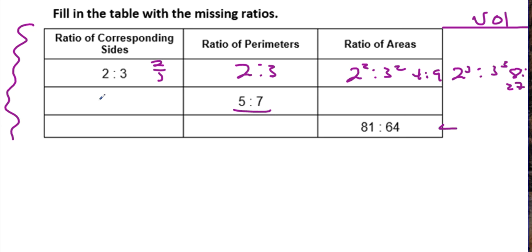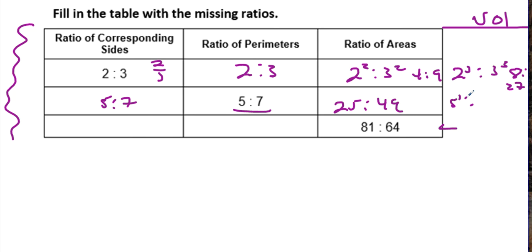If I was given the ratio of the perimeters, I know that this would be the same, and this would be 25 to 49. And the volume would be 5 cubed to 7 cubed, which is 125 to 343.